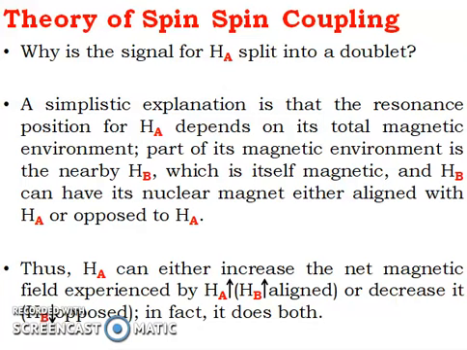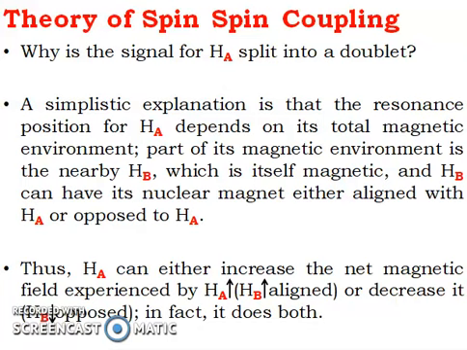HB proton itself is magnetic. Hence, HB can have its nuclear magnet either aligned with HA or opposed to HA. If it is aligned with HA, the total magnetic field experienced by HA will be increased. If it is opposed, the total magnetic field experienced by the HA proton is decreased.